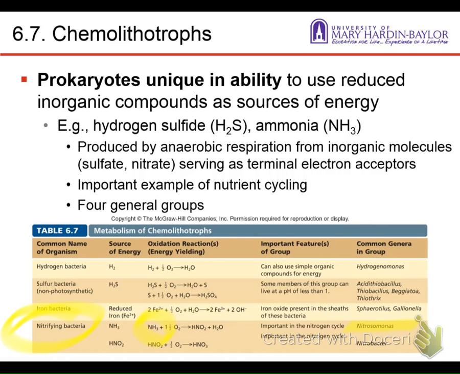That's done separately by some nitrogen-fixing bacteria. Some of them will do this reaction, take ammonia and oxidize it, and then you get nitrate, and then you can take the nitrate and oxidize it to nitrite. I think I got those backward. And so usually those guys also live in a mixed environment.